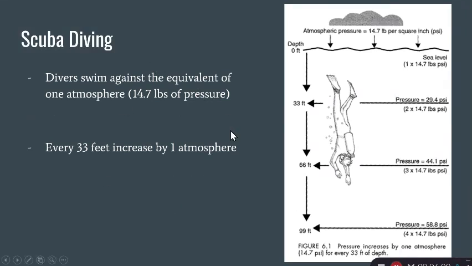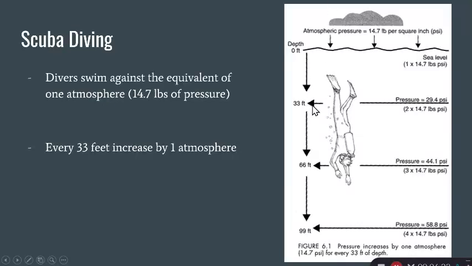Okay. So to put this into context, there are about 5 or 6 miles of air above us at sea level. That pushes down with 14.7 pounds per square inch. If we just descend 11 yards or 33 feet into the water, that is the same as all of the air pressure on top of us.